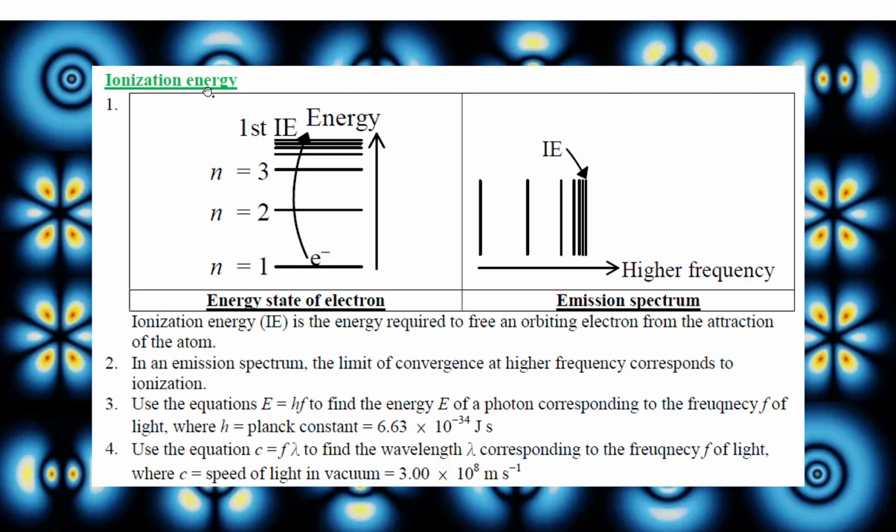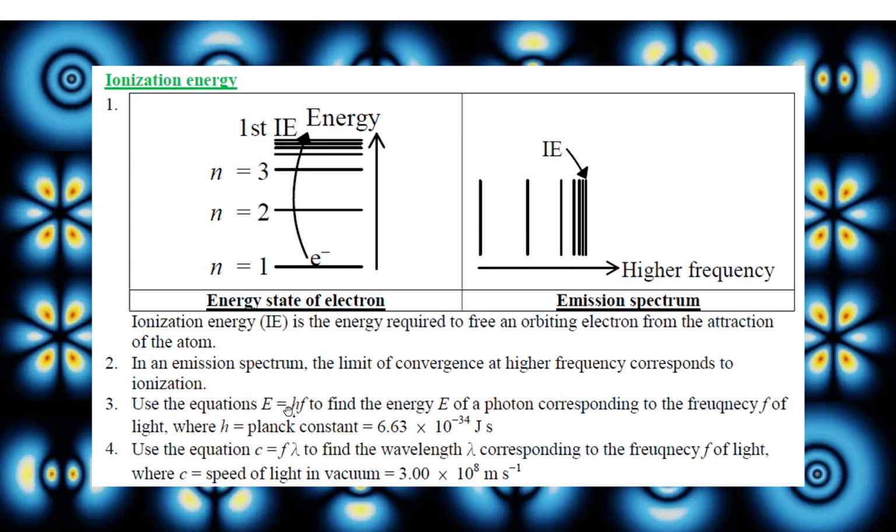And then ionization energy is from the ground state to the infinite state, and it corresponds to the continuum's energy reverse process. And remember, use E equals hf to find out the frequency of the photon emitted or absorbed. Photon is the light, and the Planck constant is in the data booklet.